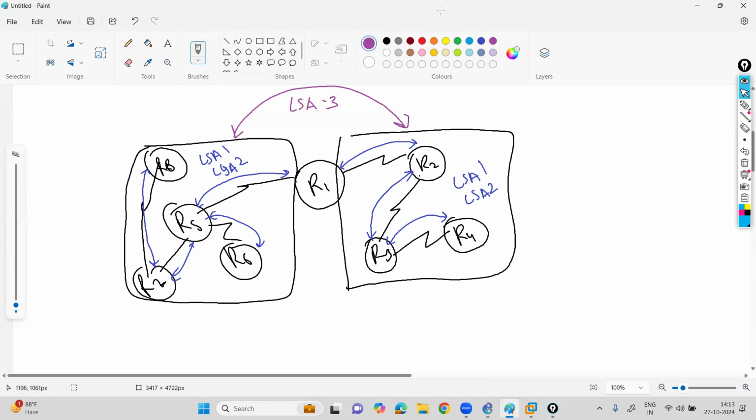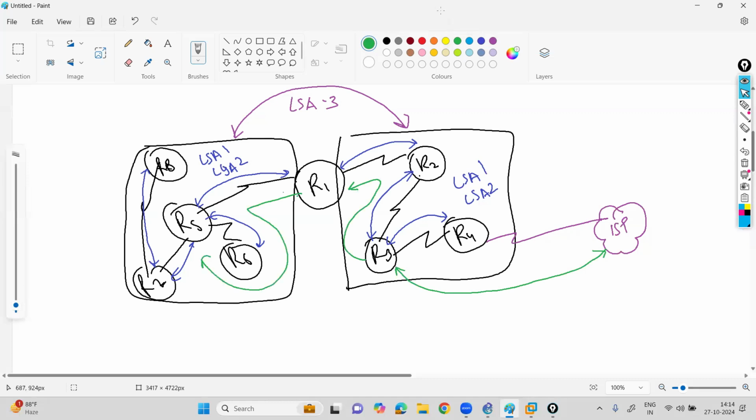Okay. Let us assume that this router is connected to the ISP. So it will receive some external routes, right or not? Let me change the color. So in this scenario, the router is receiving an update from the external network. Now this router will forward this update to this router, right? And this area border router will forward the routes throughout, right or not?